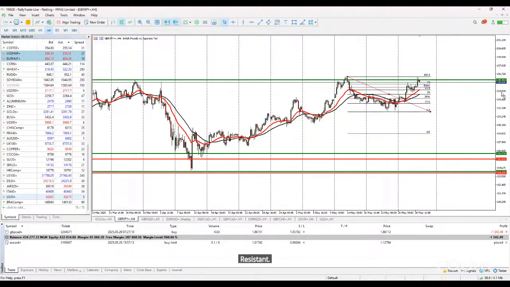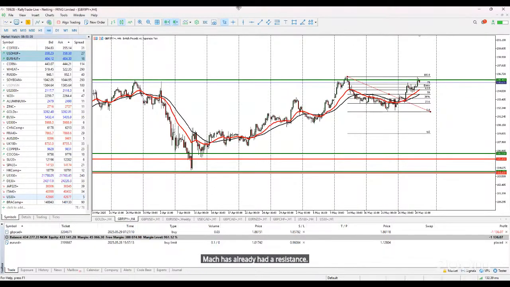Anytime the market is at the resistance, we intend to sell, and at the support, we intend to buy. As we check this now, we can see that the market is already at the resistance.